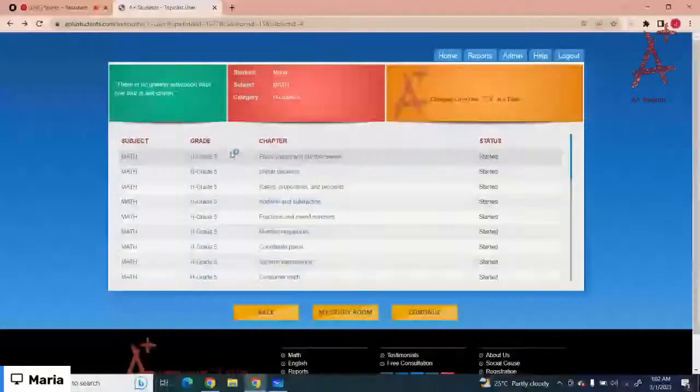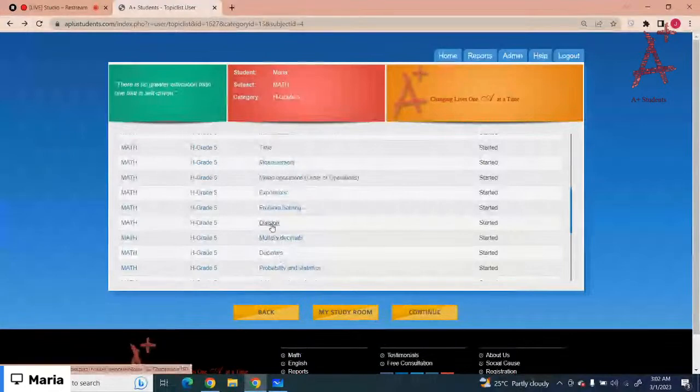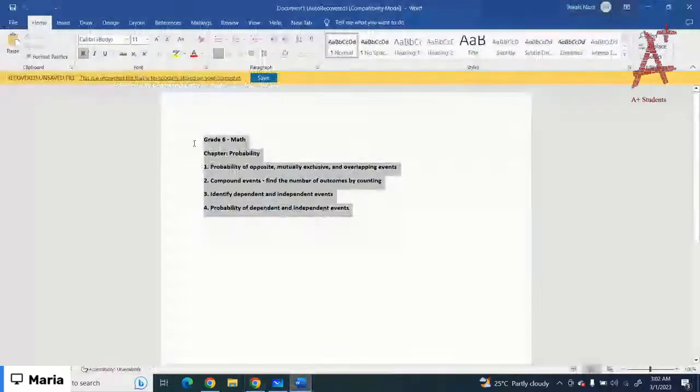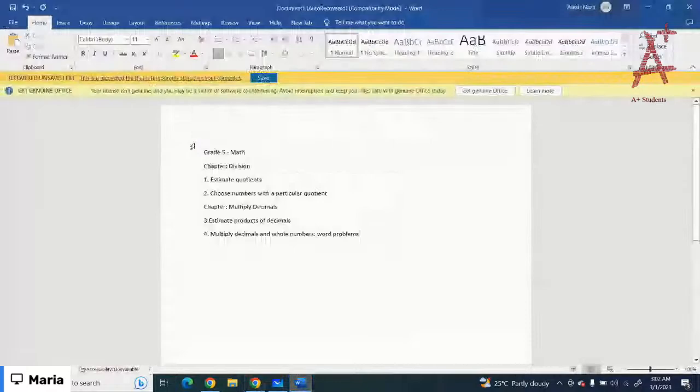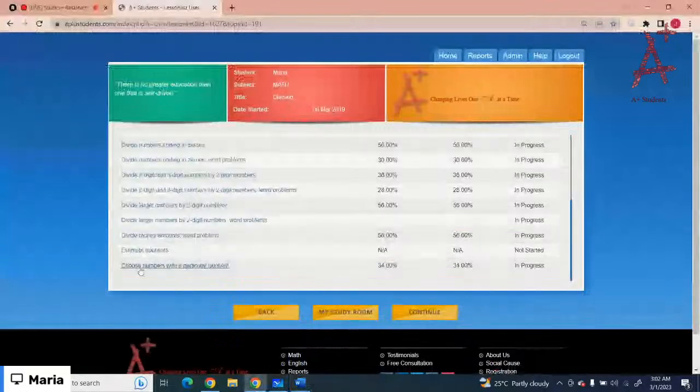Okay, here I'm on grade 5 maths. The chapter we're going to start with is division, and the lesson is estimate quotients.